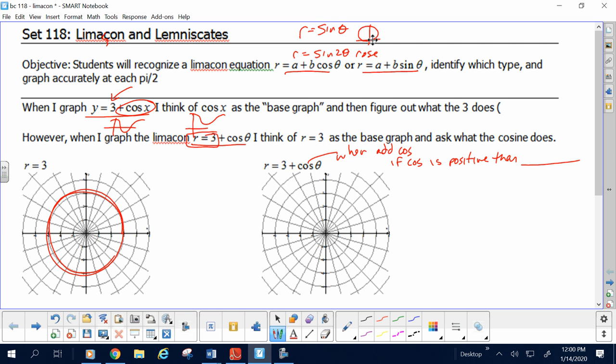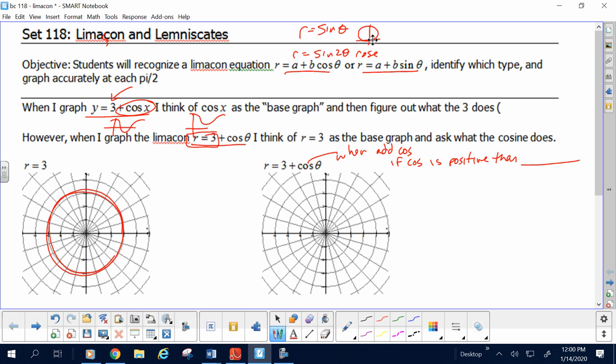If cosine is positive, isn't 3 plus a positive a bigger number? Okay, so if cosine is positive, then r gets bigger. And my curve then, instead of being at the circle, will be outside the circle. I'm going to go further from the origin.